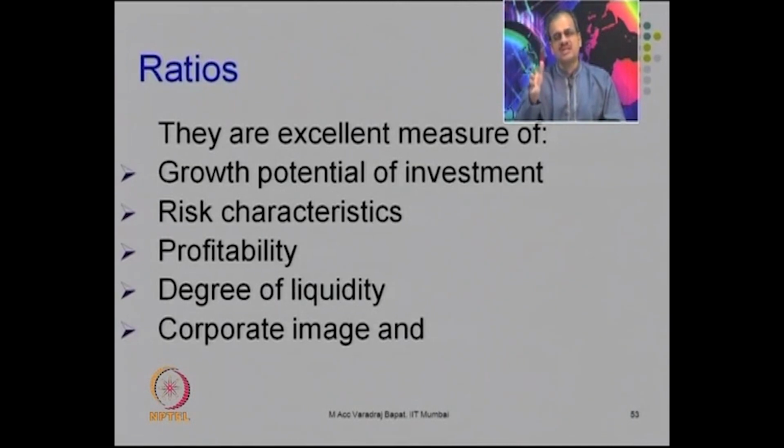So, the ratios can be used to judge the performance of, say, entity A. They are also useful to compare with the past performance of the same entity, or for comparing the performance with another entity. So, you can compare A Limited with B Limited or with the industry average. That is why ratios become one of the most important tools for financial statement analysis, because they are very flexible.